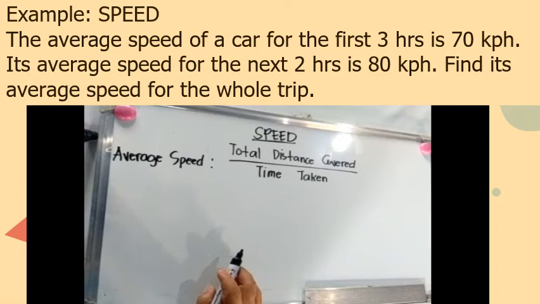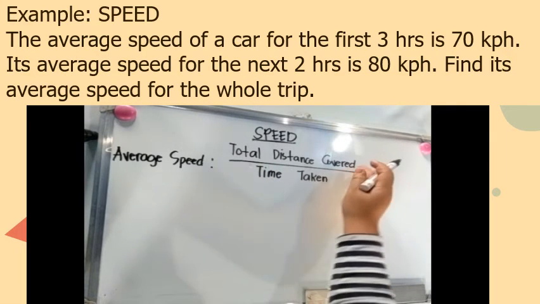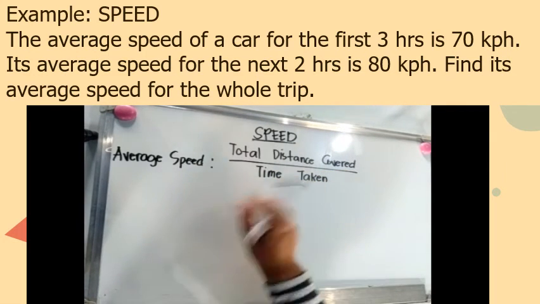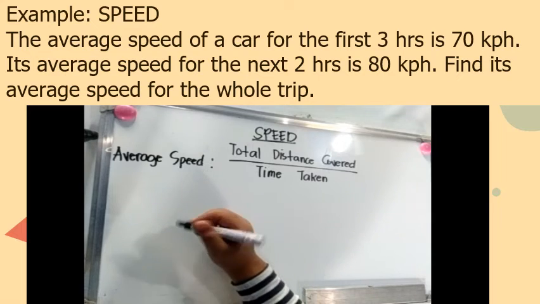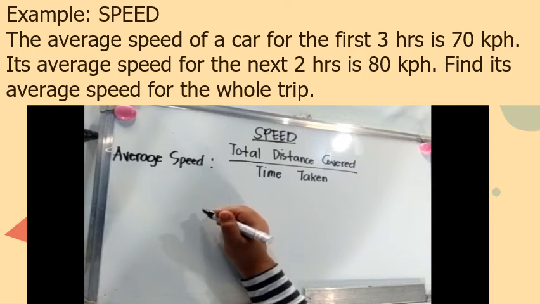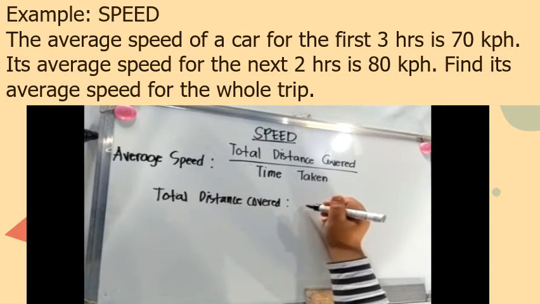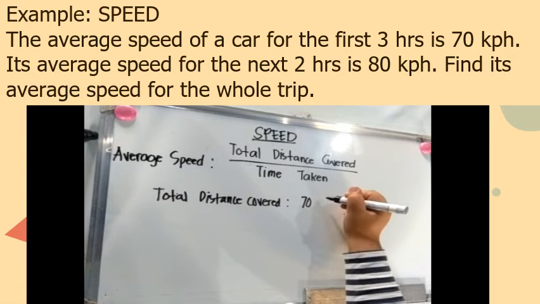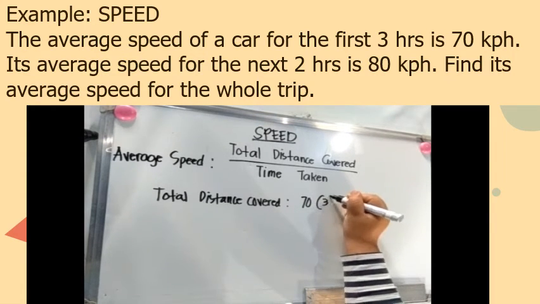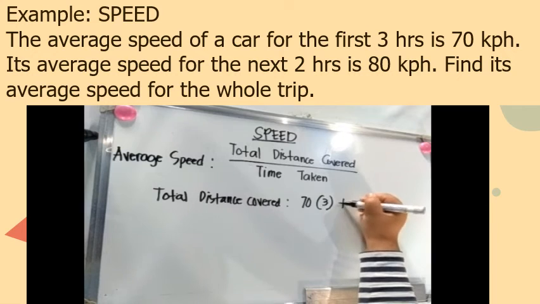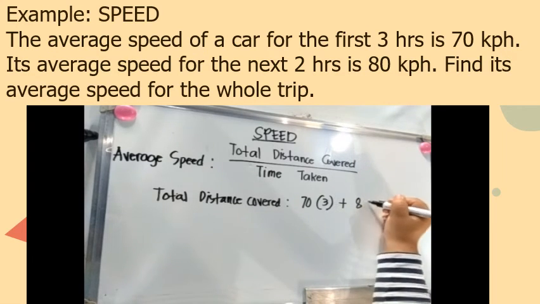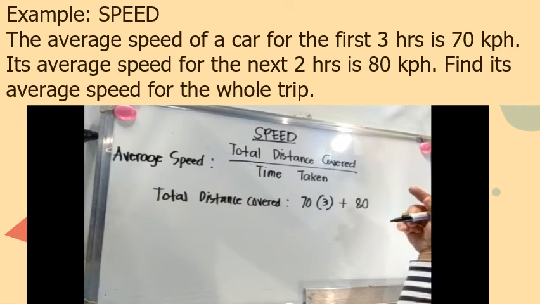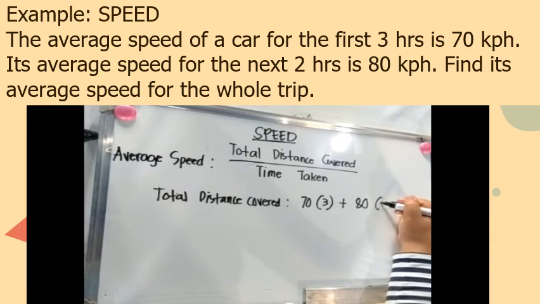Okay, so we have the formula. Total distance covered over time taken. So the total distance covered is 70 km per hour for 3 hours. And then plus 80 km per hour for 2 hours.